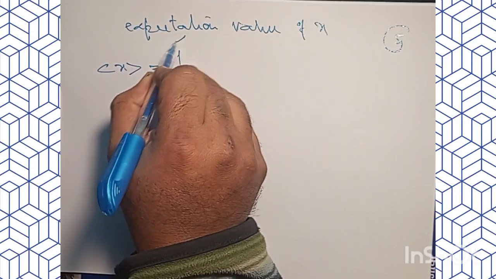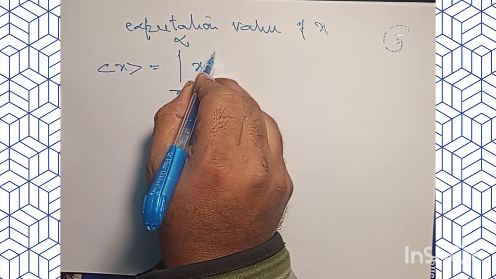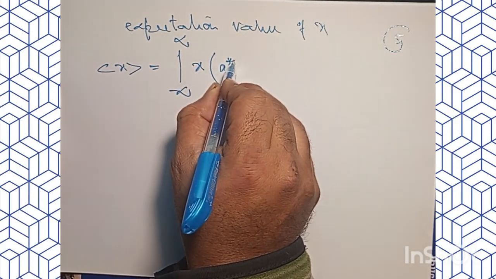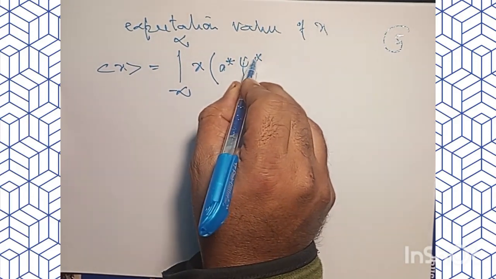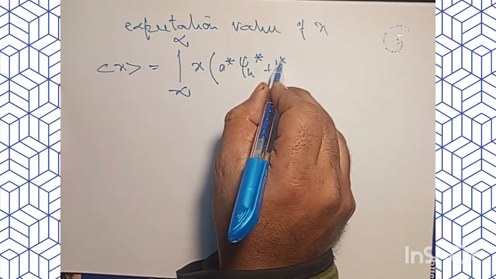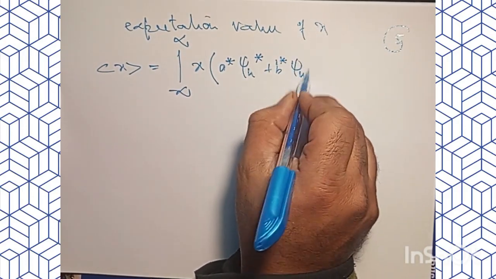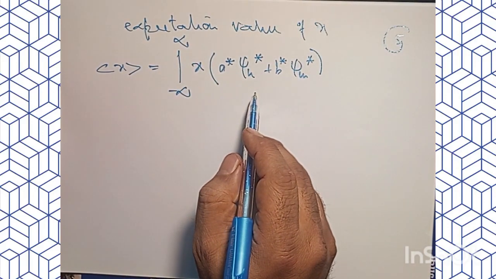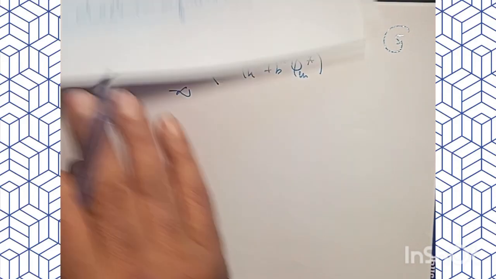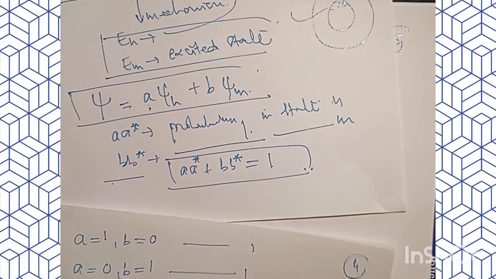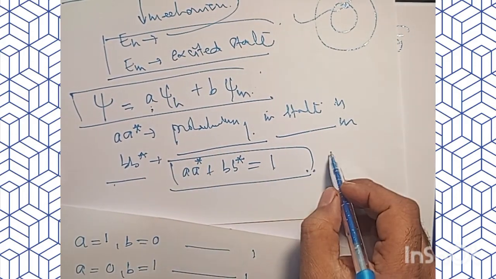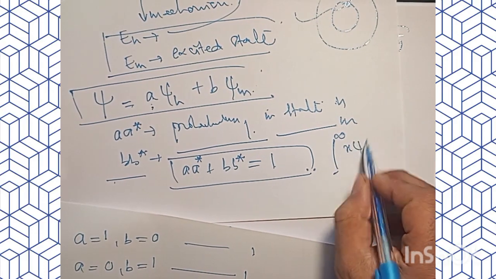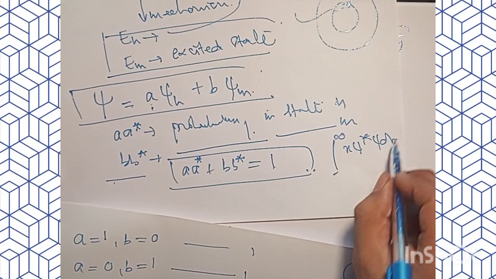That will be the integral from minus infinity to infinity of x times the wave function that we have written here, that is a star psi n star plus b star psi m star. This is the complex conjugate of the wave function that we had written down earlier, because to calculate the expectation value, it is the integral from minus infinity to infinity of x psi star psi dx.